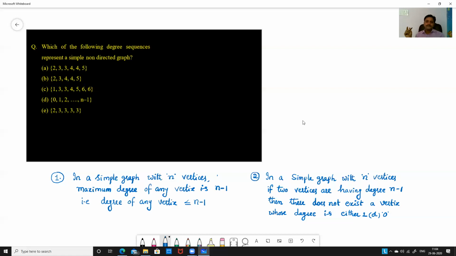Then I can say degree of vertex 2 also n minus 1. If I have two vertices of degree n minus 1, then definitely I cannot find a vertex whose degree is 1, because that vertex is adjacent to both v1 and v2, right? Therefore, we cannot find a vertex of degree 1, or a vertex of degree 0 also.